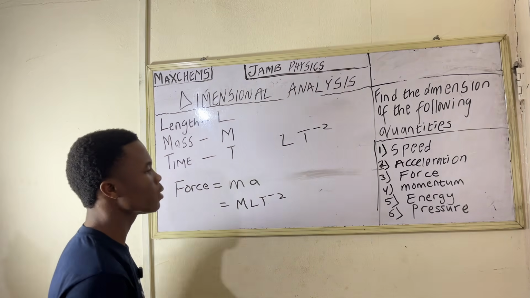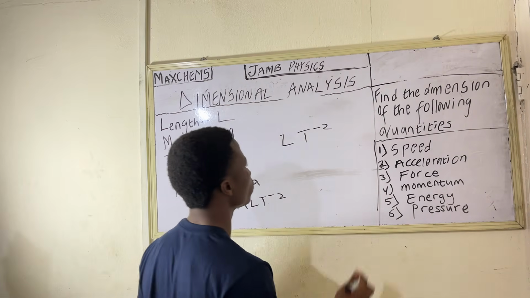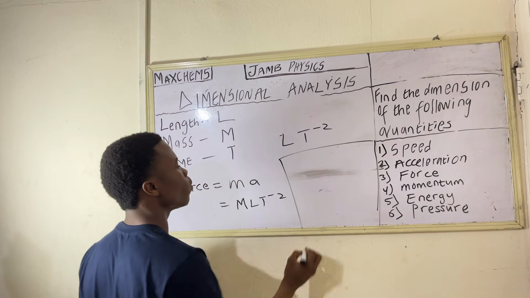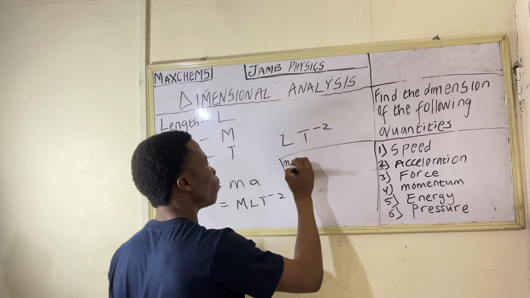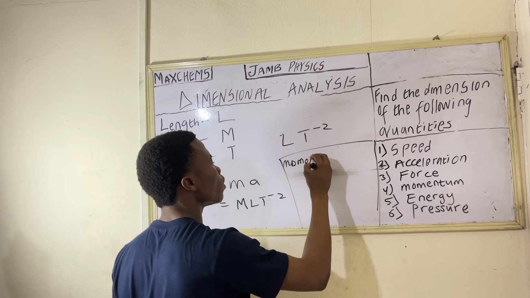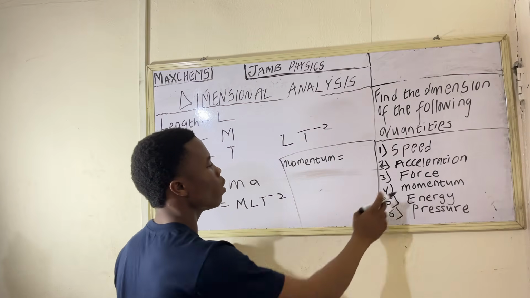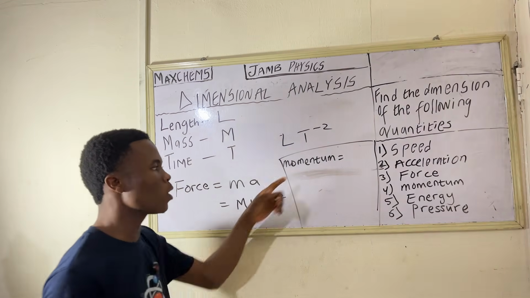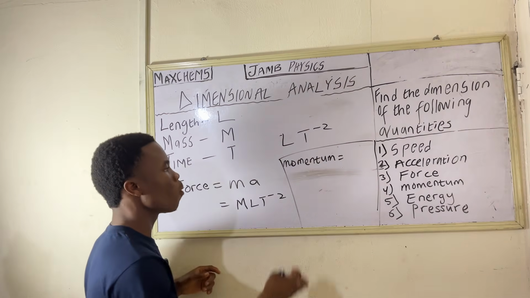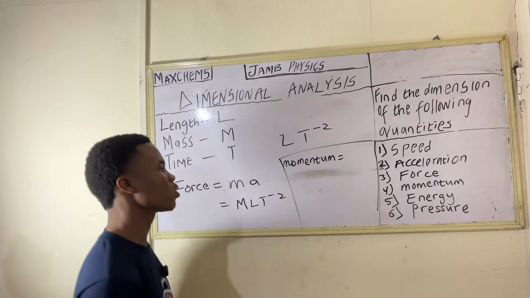So let's find the dimension for momentum. I told you that you can use two formulas for momentum, because momentum is equal to impulse. Momentum is equal to force times time, or momentum is equal to mass times velocity.